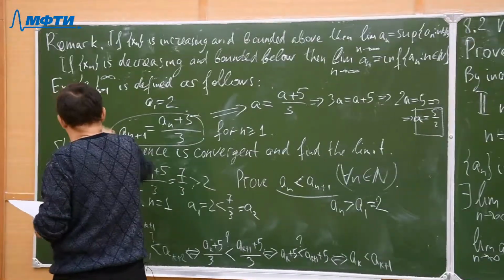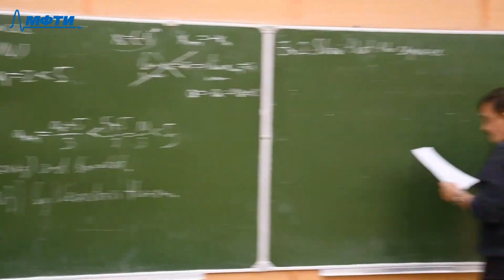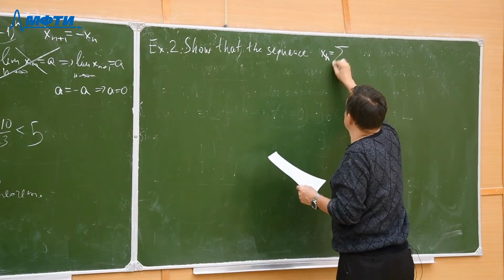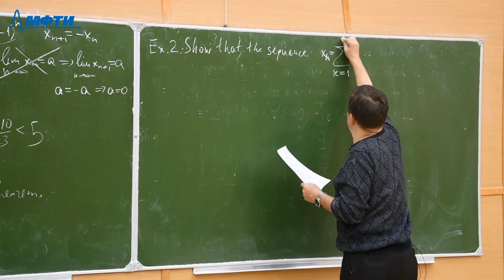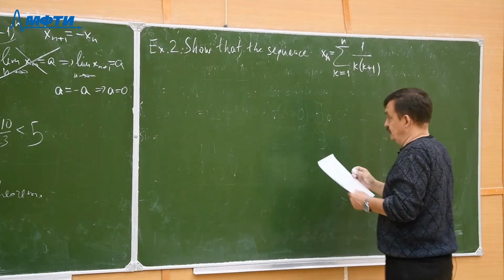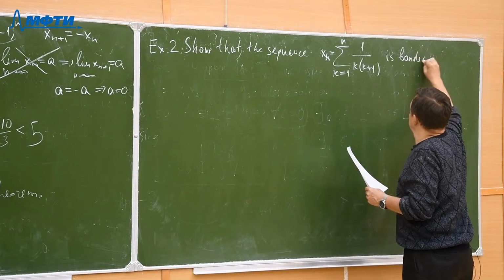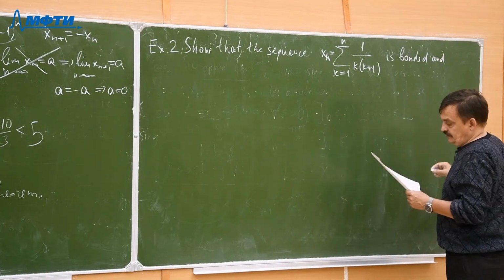Show that the sequence x_n equals the sum over k from 1 up to n of 1 over k plus 1 is bounded and monotonically increasing.